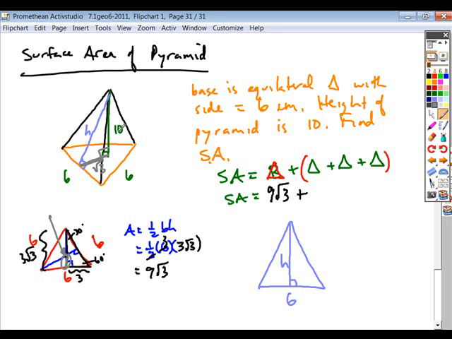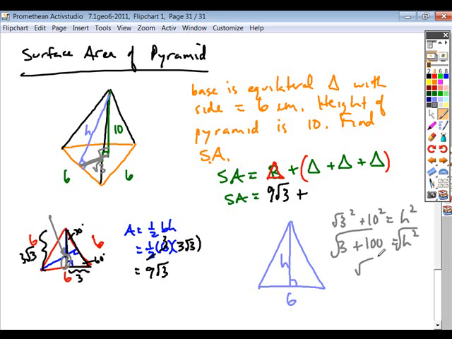This other leg is going to be 10. And to find our height here, what can we use to find this missing piece? Pythagorean theorem. So we have root 3 squared plus 10 squared is equal to h squared. So we square the root 3, square the 10, add them together and take the square root.